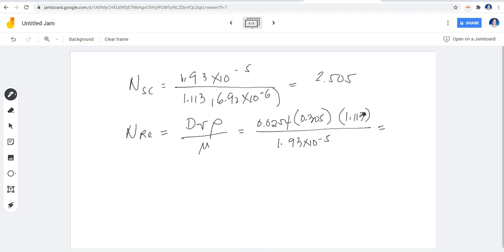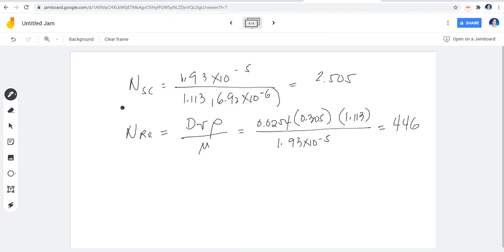This will give me a Reynolds number of 446. Upon substitution, we have a value of 446 for the Reynolds number.